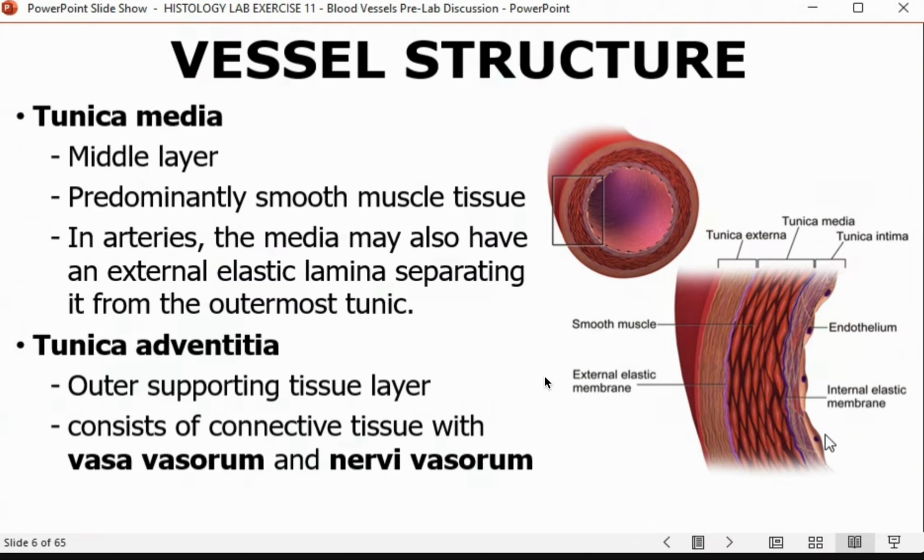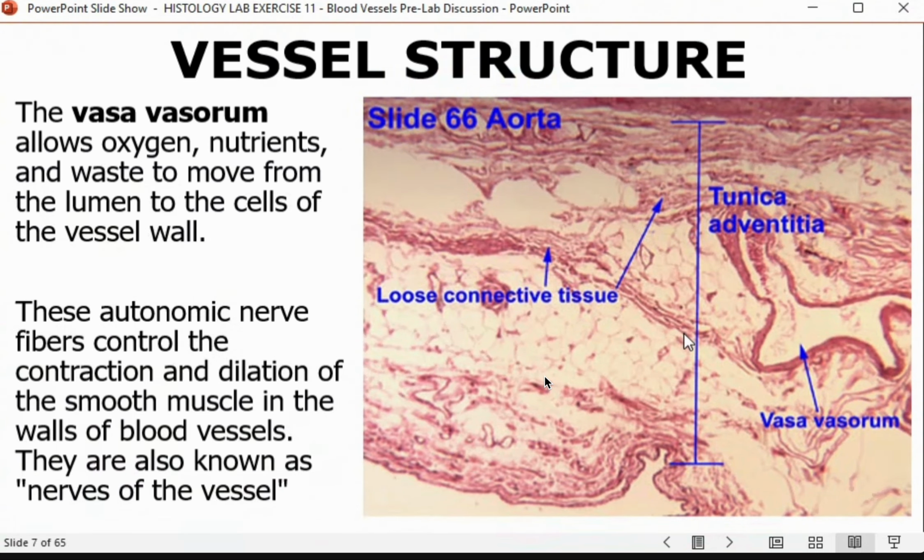If you take a look at this picture, rather than the blood trying to oxygenate this vessel from the lumen, there are blood vessels that extend into the tunica adventitia. That way, they go directly to the musculature of our blood vessels, which is supplied with blood, oxygen, nutrients, etc.